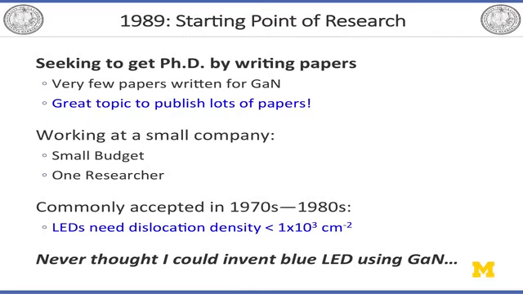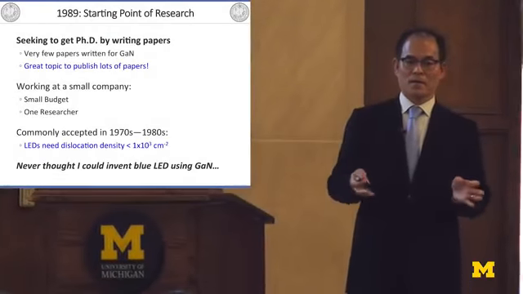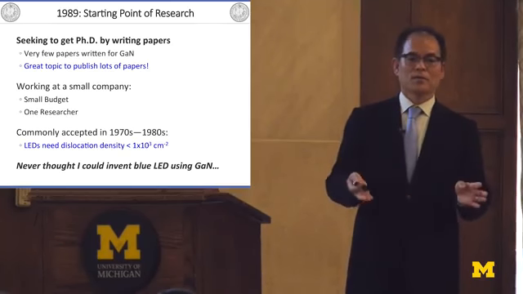In my case, as I told you, I came back from the University of Florida and started blue LEDs in 89. I went to the University of Florida from 88 to 89, 1 year, and I had to work together with a PhD student over there. All the PhD students asked me, do you have a PhD degree?